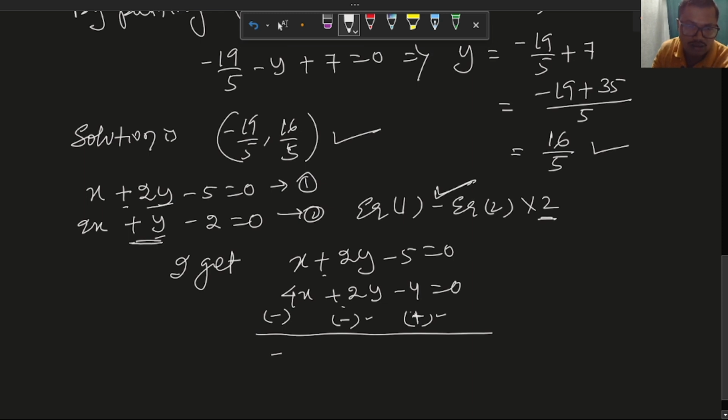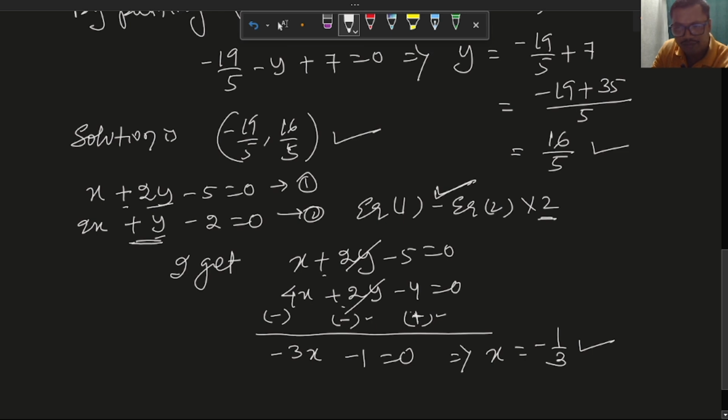So here we get -3x, and plus 2y minus 2y cancel out as additive inverses, and it is -1 = 0. That results in x = -1/3.